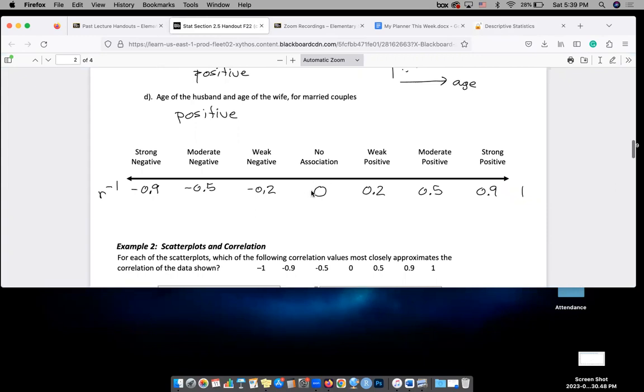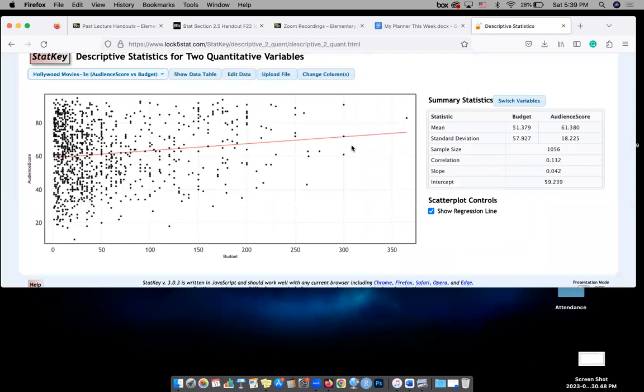There's not that impressive of an association, maybe not an association at all, as opposed to if it was over here at 0.2, 0.5, or 0.9. So you would say there's not really an association, or someone might argue there's a very, very weak association, which would be that as the budget gets higher, the audience rating or score gets higher as well.